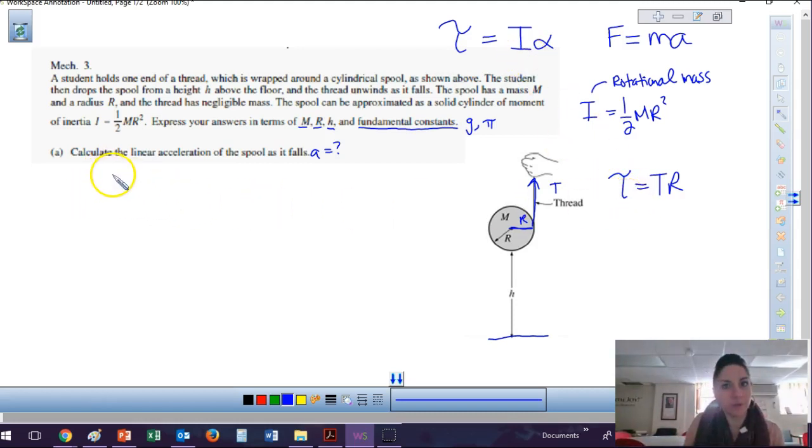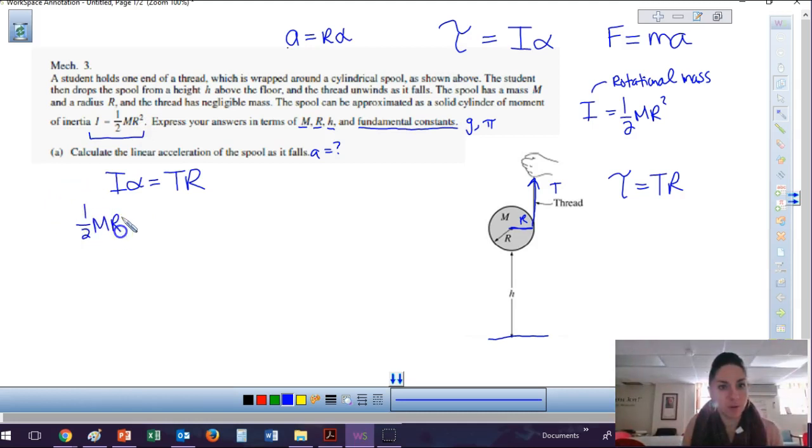So I'm just going to move over here. I could say I alpha is equal to TR. And I remember how I can relate alpha and a: linear acceleration is R alpha. And I can get I in terms of the variables we know, so I'm going to plug that in. I'm going to do 1/2 mr squared, that's all I, times alpha.